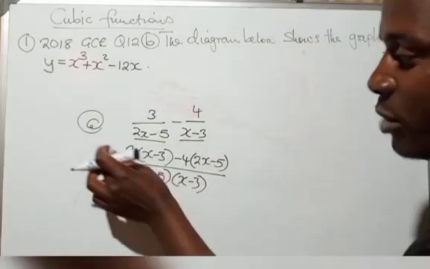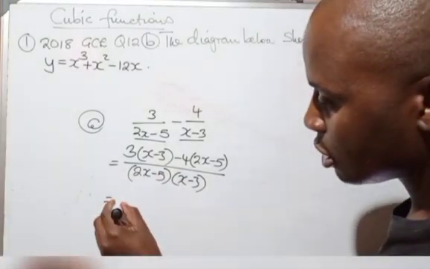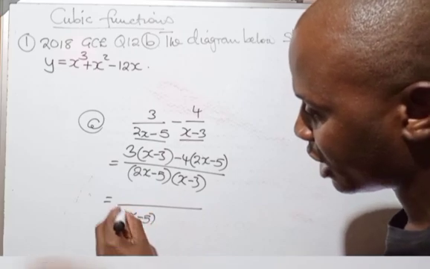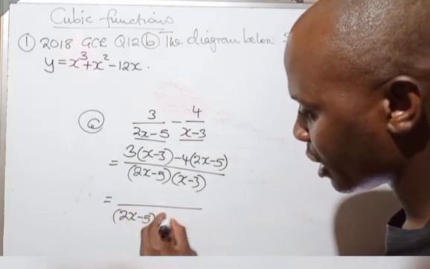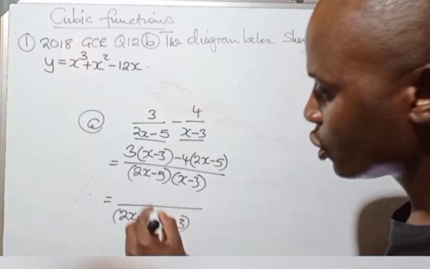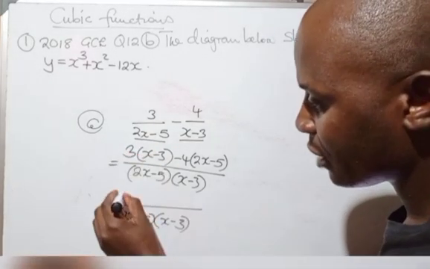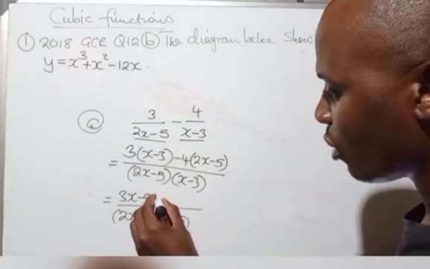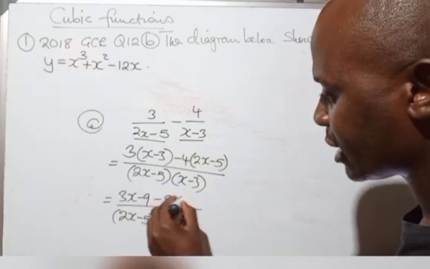Then we expand. When you're expanding, you are multiplying everything outside the bracket times everything inside the bracket. So it will be 3 times everything: 3x minus 9. We come to this one, it will be negative 8x.